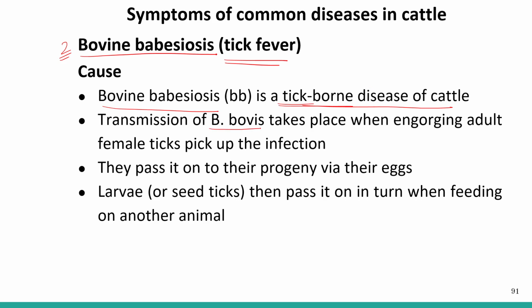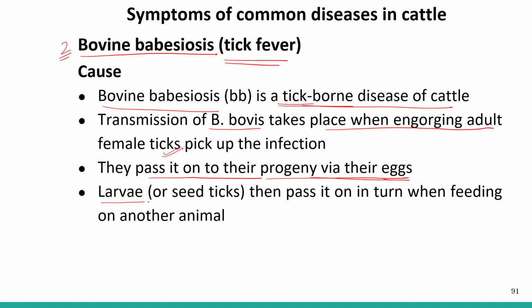Transmission of Babesia bovis takes place when engorging adult female ticks pick up the infection, and they pass it on to their progeny via their eggs. This particular Babesia bovis is actually a protozoan carried by these ticks, the female ticks, and it also passes to the progeny via their eggs.